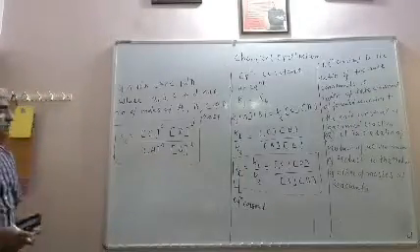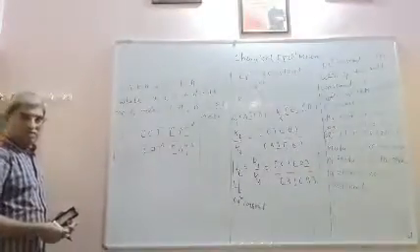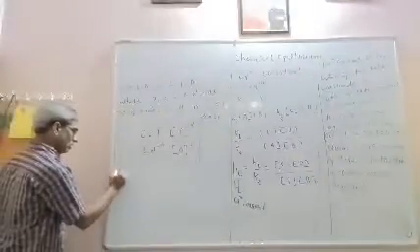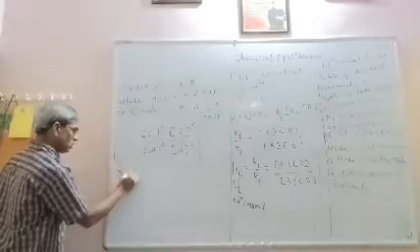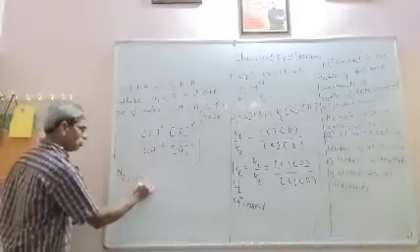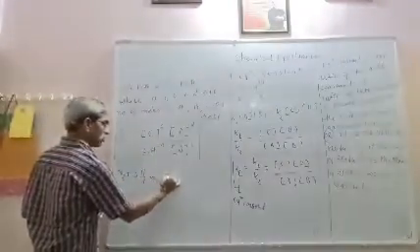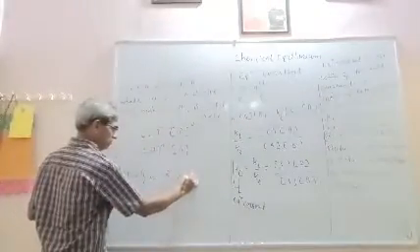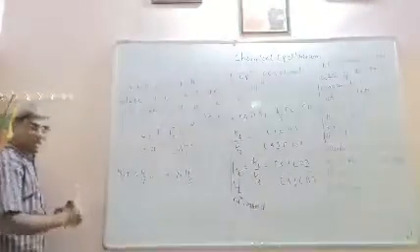To explain this, if we consider one example, N2 plus thrice H2 gives twice NH3. We consider now number of moles.